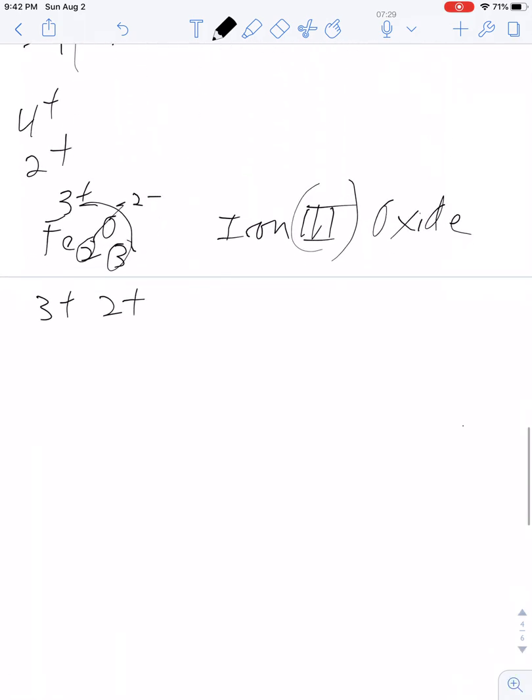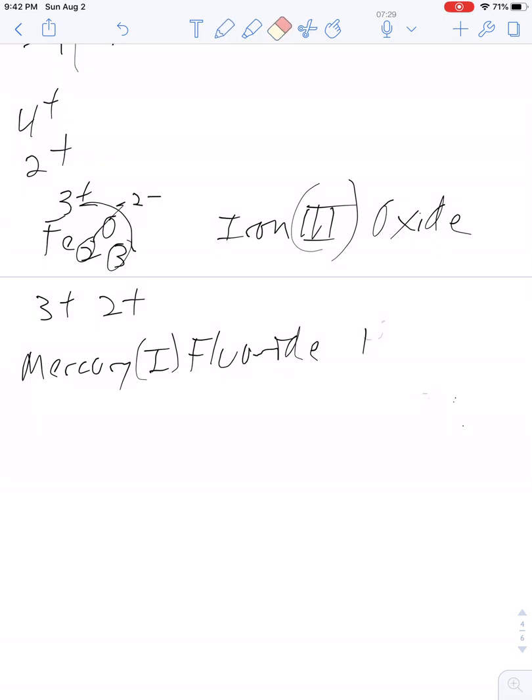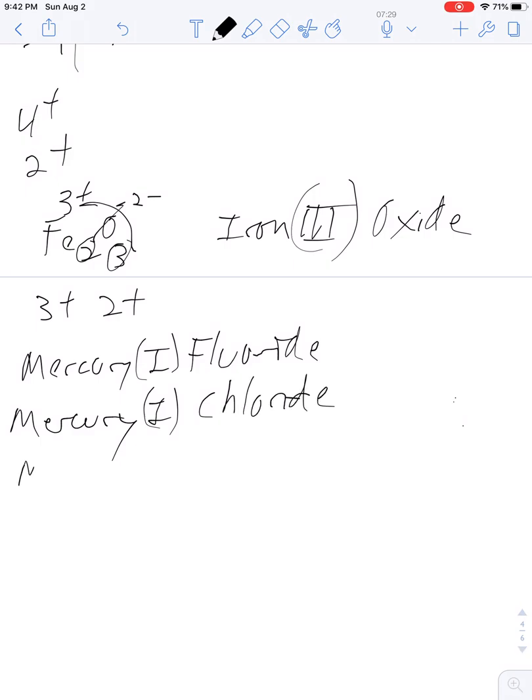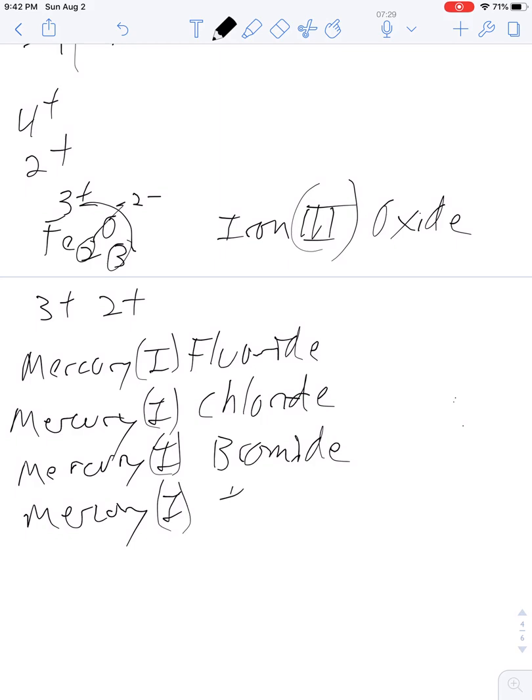So some students find it just easier to memorize the answer than to think about it, but mercury 1 only exists when it's bonded to the halogens. So mercury 1 fluoride, mercury 1 chloride, mercury 1 bromide, and mercury 1 iodide.